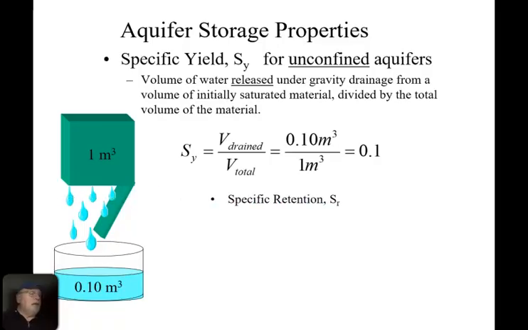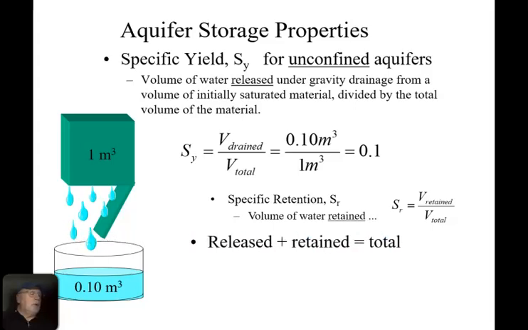The specific retention is what's left behind. So it's the volume of water retained over the volume total, again a fraction. And so the released plus the retained is the total, so that is the porosity. Initially saturated means the whole pore volume is filled with water.